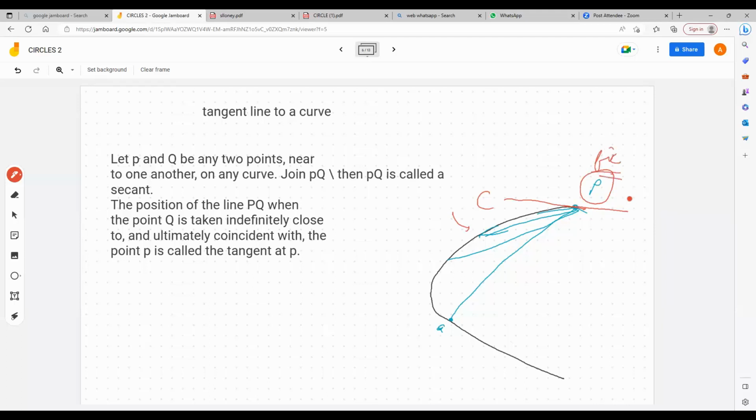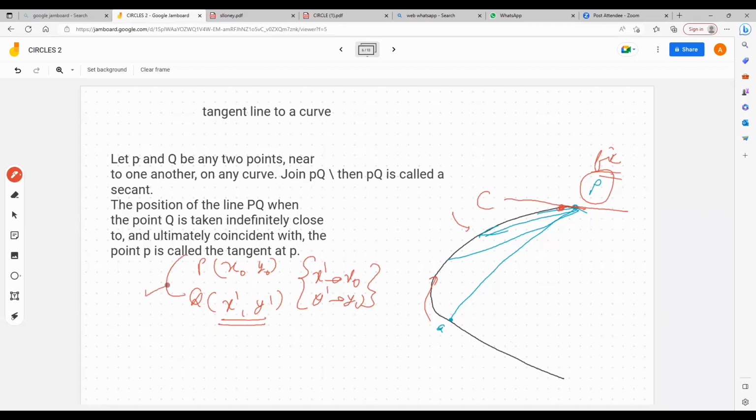Because we need to find the tangent at P. So let us fix the point P and move Q towards P. When we move Q towards P, we will reach a point when Q is very close to P, and when we extend the line segment PQ, that line becomes the tangent of the curve at P. So basically, if you are given a point x naught comma y naught, and now let us take a point x prime comma y prime such that x prime converges to x naught and y prime also converges to y naught.